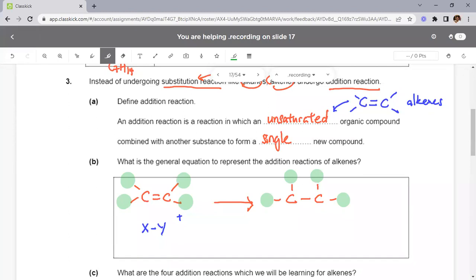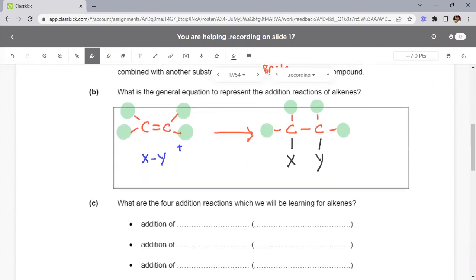At the bottom, I left it for X and Y. X will be connected here, Y will be connected here. The bond between X and Y will disappear, and they will form a bond with the carbon that had the double bond initially. So this is an addition reaction.